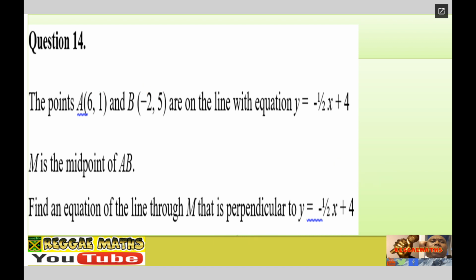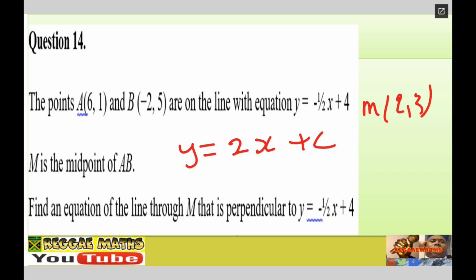So the gradient of the line is going to give me y equals 2x plus c. We now need to substitute M, which is the midpoint. It says the midpoint of AC. So the midpoint is 2, 3. That's my x, that's my y.